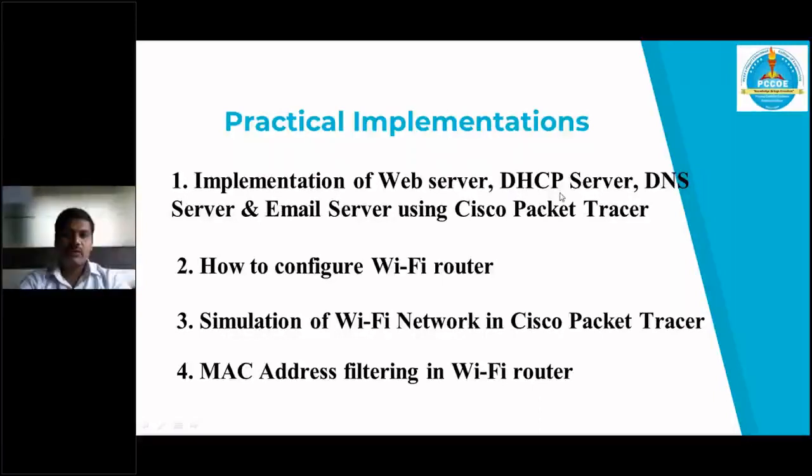So initially you should know what is meant by DHCP. So a DHCP server will automatically assign IP addresses to destination users. Take an example. In our laboratory, I have only 10 computers, so I can manually assign the IP address. There is no issue. But if suppose I have thousands of computers, it becomes a very difficult task for me.